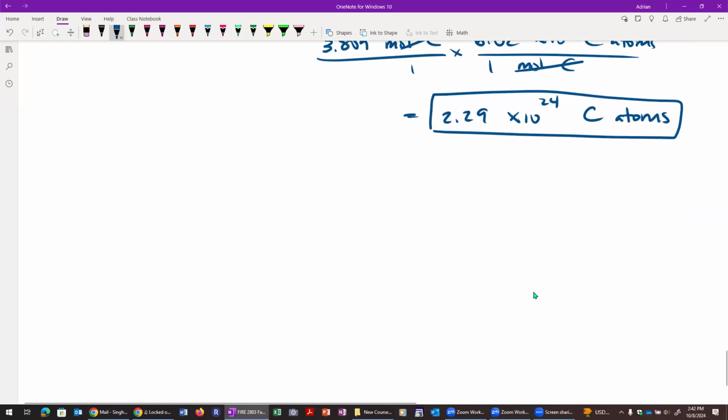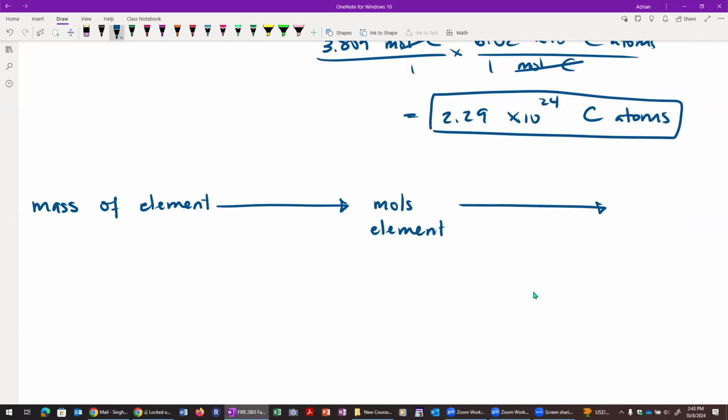So I can go from grams, let's say mass of the element, and convert that to moles of the element. And then I can convert that into number of atoms of the element that we have.